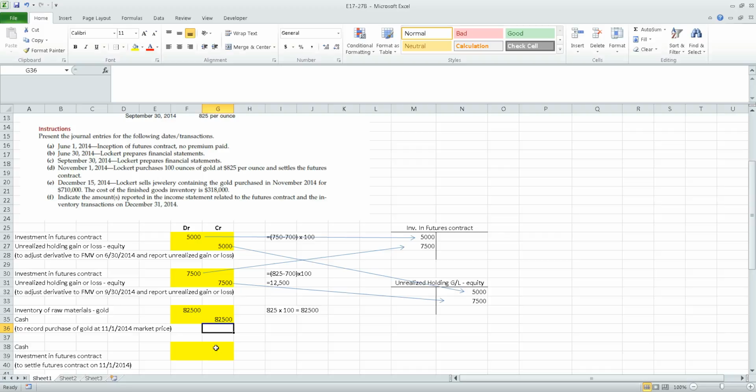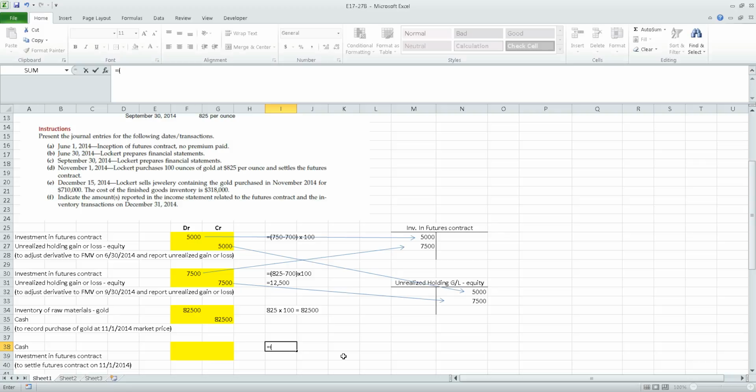Okay, the second part of the transaction is we're going to close out our futures account, or our futures contract. And the futures contract settlement is going to be calculated as follows. The futures contract gave us the right to buy gold at $700.